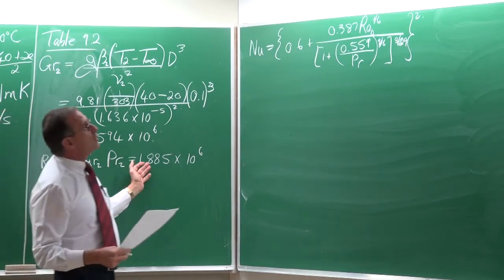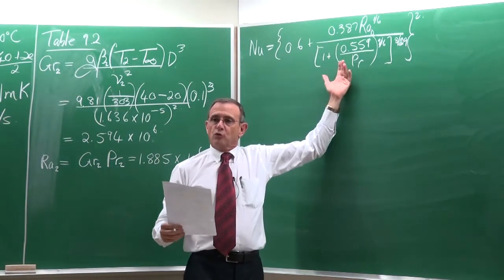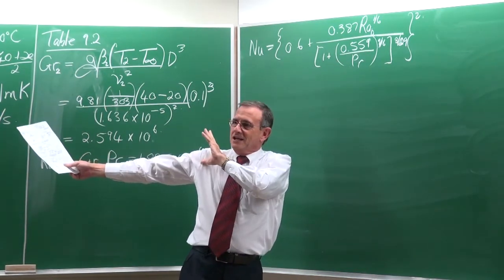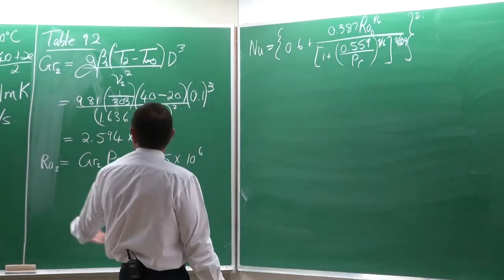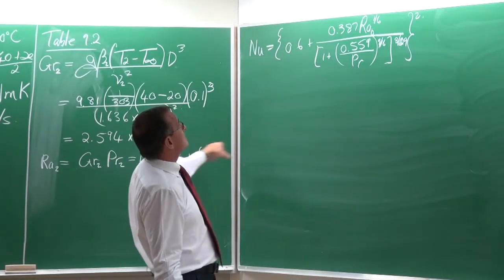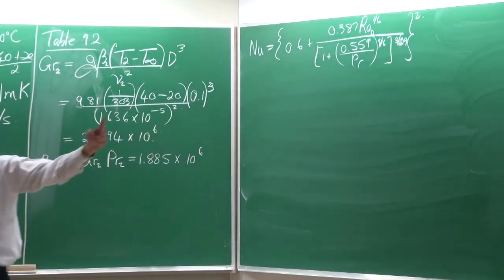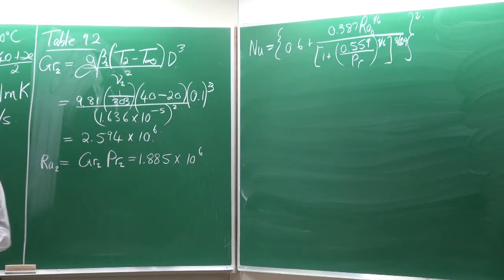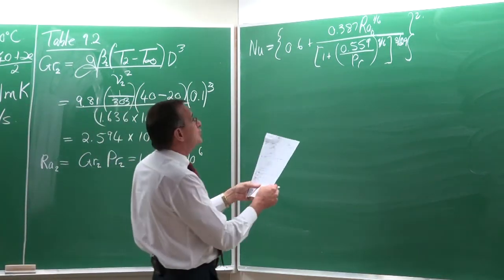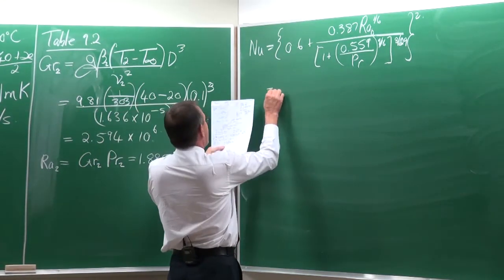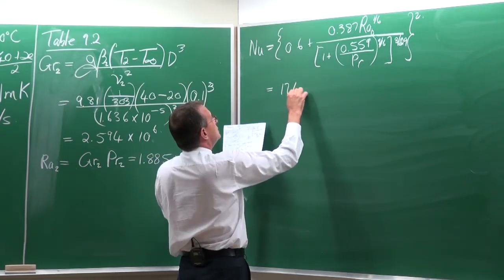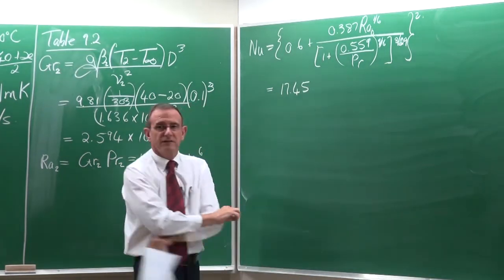I'm not going to put in all the values there because it is quite boring. Everything is there. We've calculated the Rayleigh number, there it is. And we've got the Prandtl number, so that's actually the only two things that go into that long formula. And if you do the substitution, you will see that the Nusselt number then works out as 17.45.